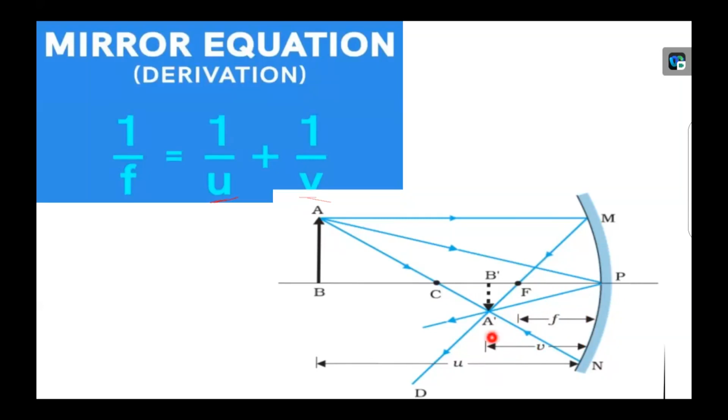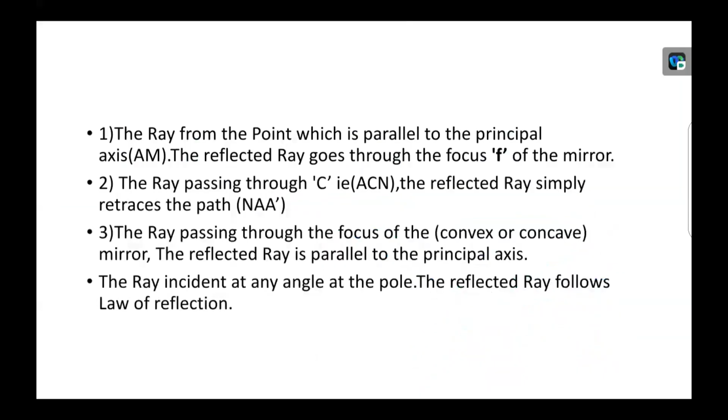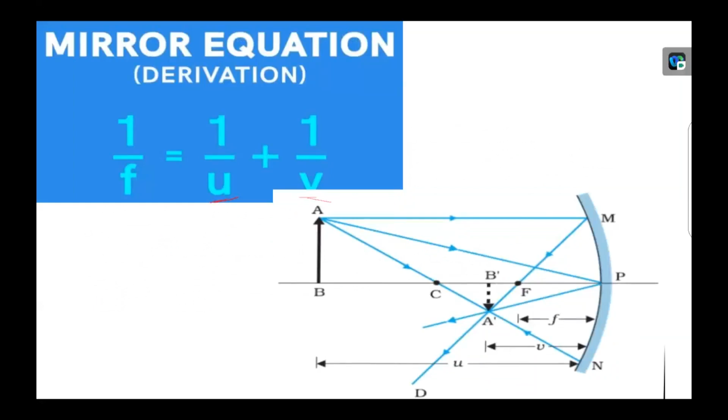Similarly, the distance from pole to object AB we have taken as u. That means object distance is denoted by u, image distance is denoted by v, and focal length is denoted by f. That means we are going to relate focal length, object distance and image distance.